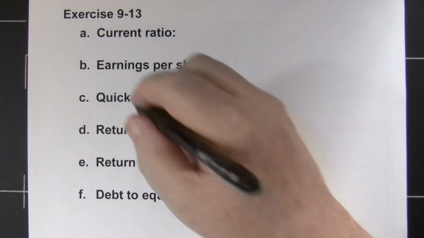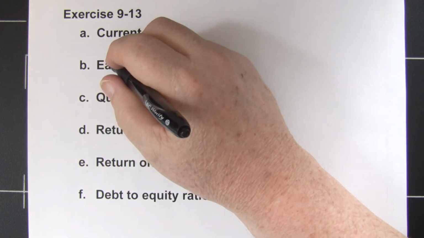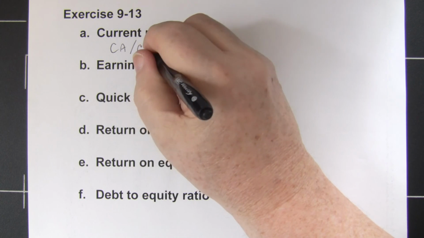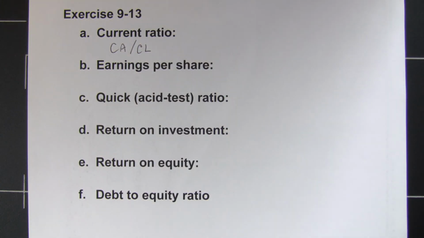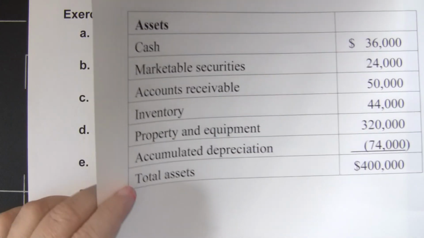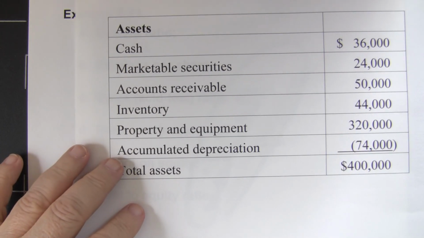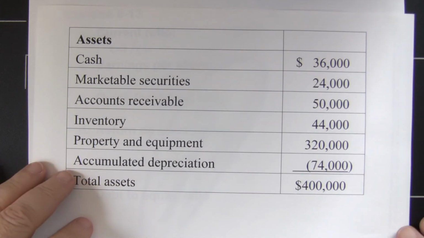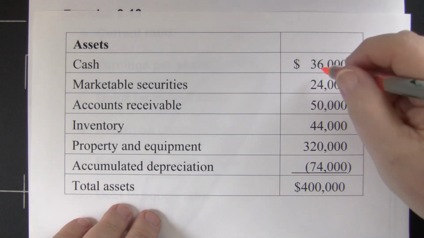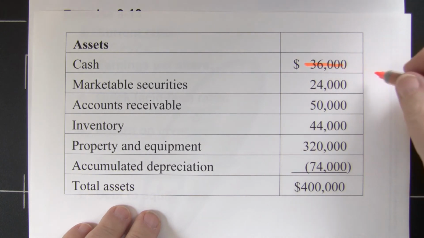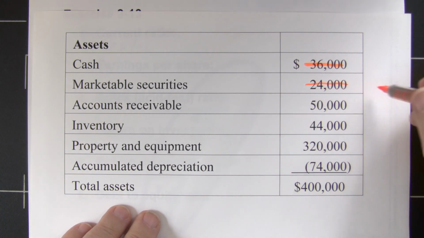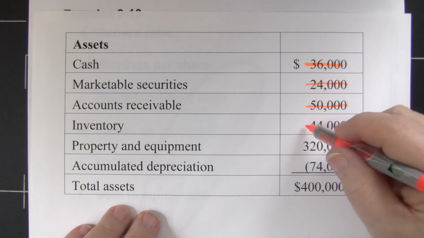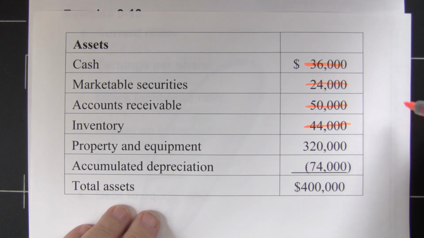Well, current ratio is current assets divided by current liabilities. Let me show you what the current assets are. Current assets, and you may have had to look this up, and that's fine, is cash, marketable securities, accounts receivable, and inventory.